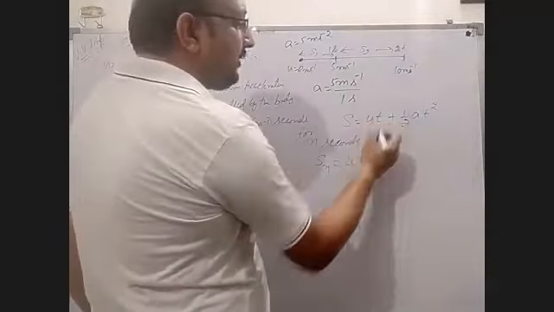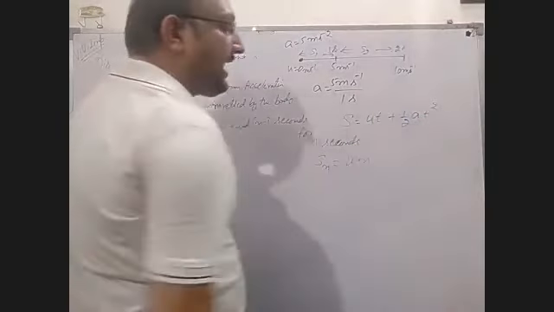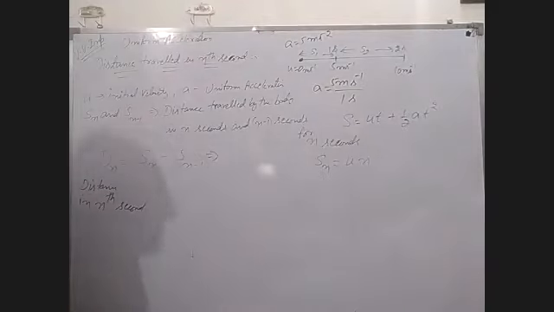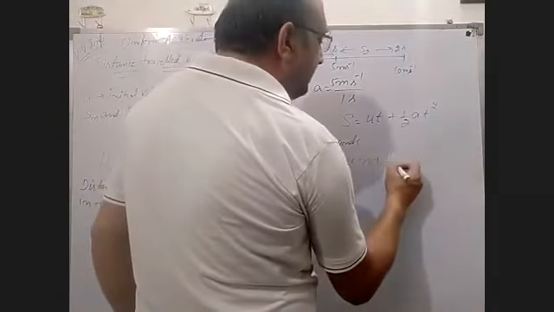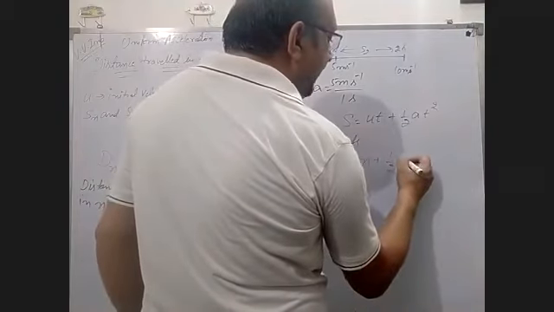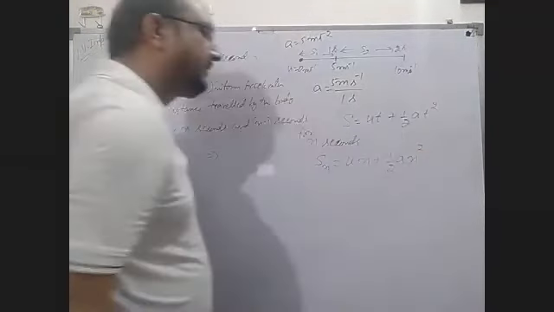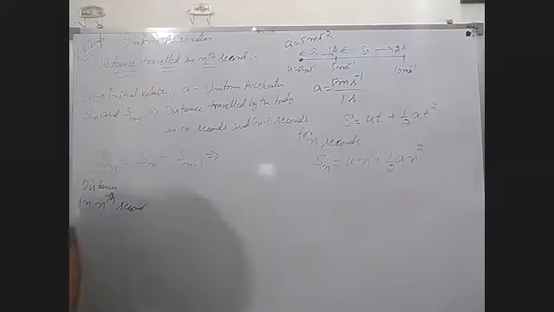Instead of t, I am taking n because n seconds are there, maybe 10, 20, okay, so Sn equals un plus 1 by 2 a n square. This is the equation for total distance in n seconds.